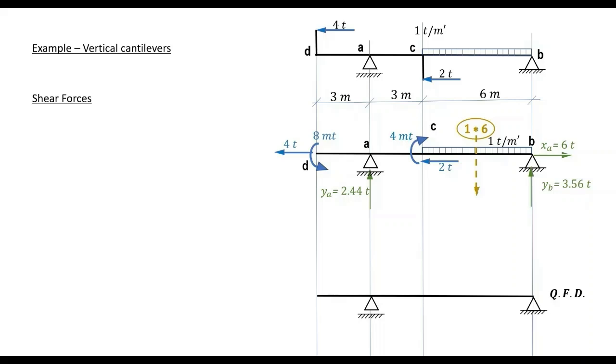If we start from the right, at B, we will inverse directions. In other words, all forces heading upwards will cause downward plots on the shear diagrams and vice versa.